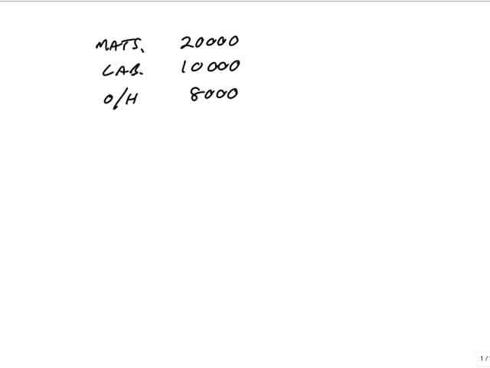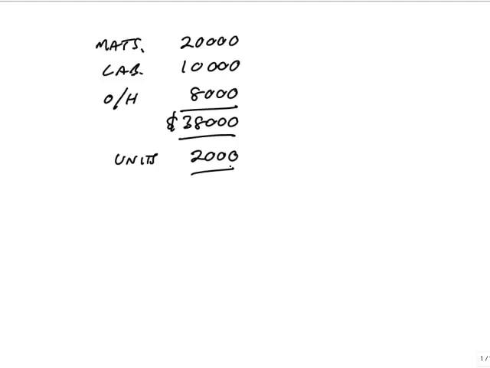But here, how much are we spending in total? I know you can almost do it in your head, but I'm going to write it down. Materials, we spend 20,000. Labour, 10,000. Overheads, 8,000. So in total, we're spending what? 38,000? That's the total cost this month, making how many units? 2,000.